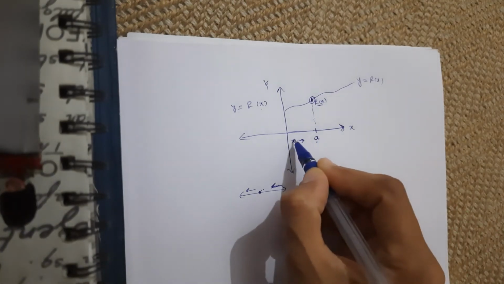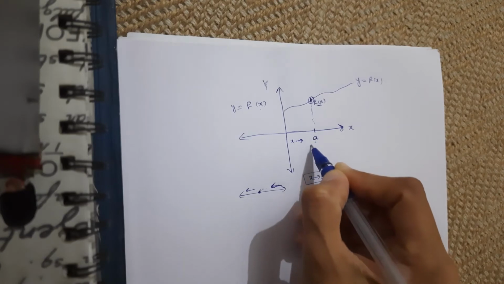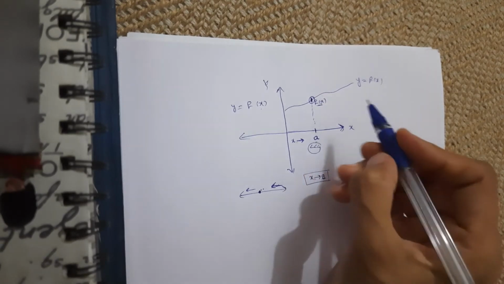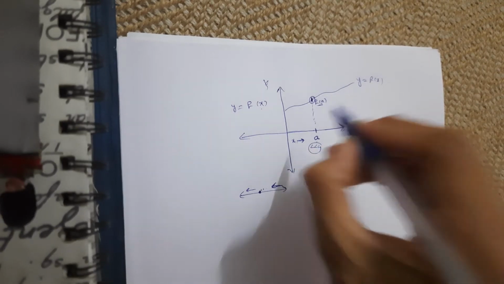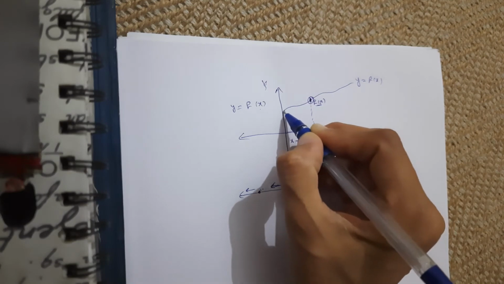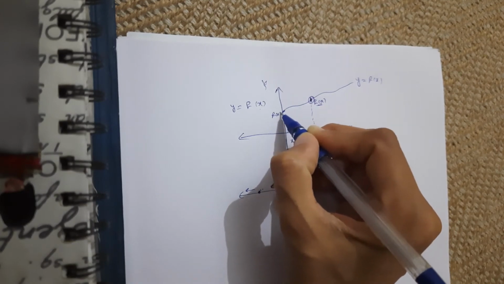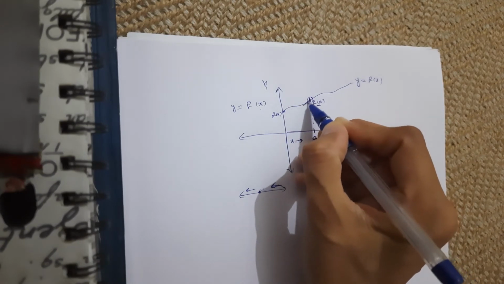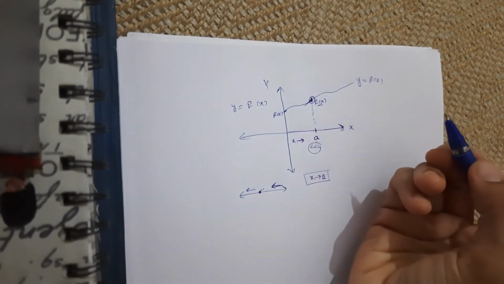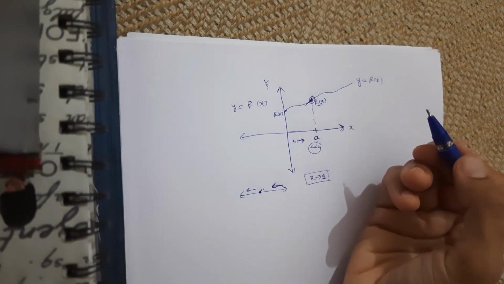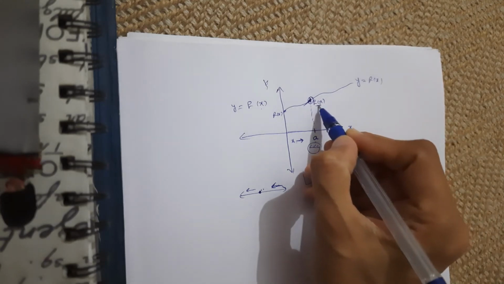So whenever the distance between x and a becomes smaller and smaller, at the same time the distance between f of x and f of a should also become smaller and smaller. If this condition is satisfied, only then do we say that f of a is the limiting value.